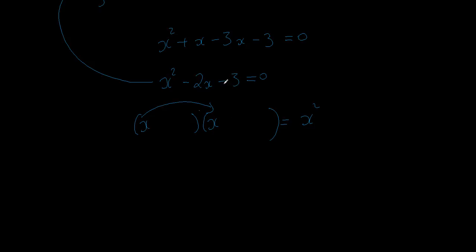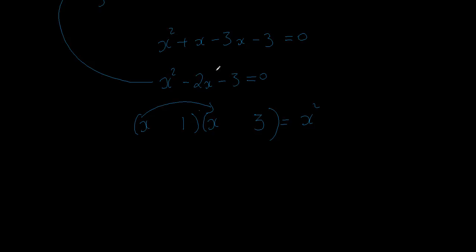Now you have to find the number to put here and here. It has to be a number that when you multiply them together gives you minus 3, and when you add them together and multiply by x gives you minus 2. So the only numbers you can multiply together to give you 3 are 1 and 3. So you have 1 here and 3 here.